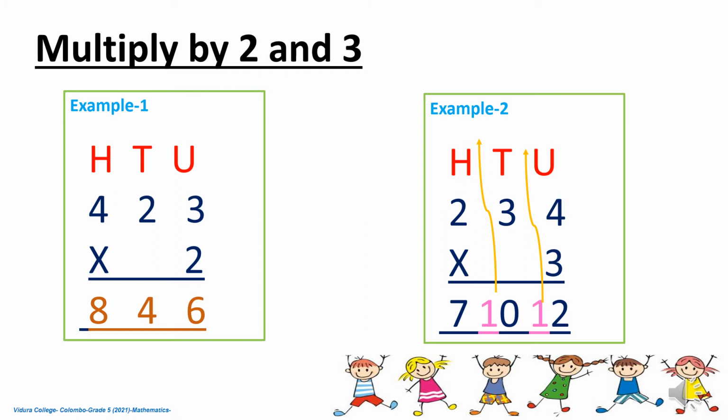With the 1 you carried over from the units column, you have 10 there. Once again you can't write 10 in the tens column. Keep 0 and take 1 to the hundreds. So 3 times 2 is 6. 6 plus 1 is 7. So the answer is 702.